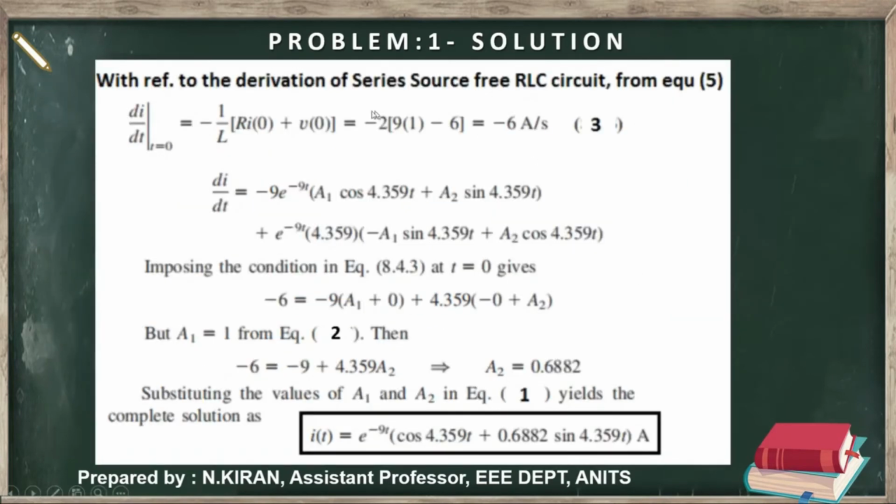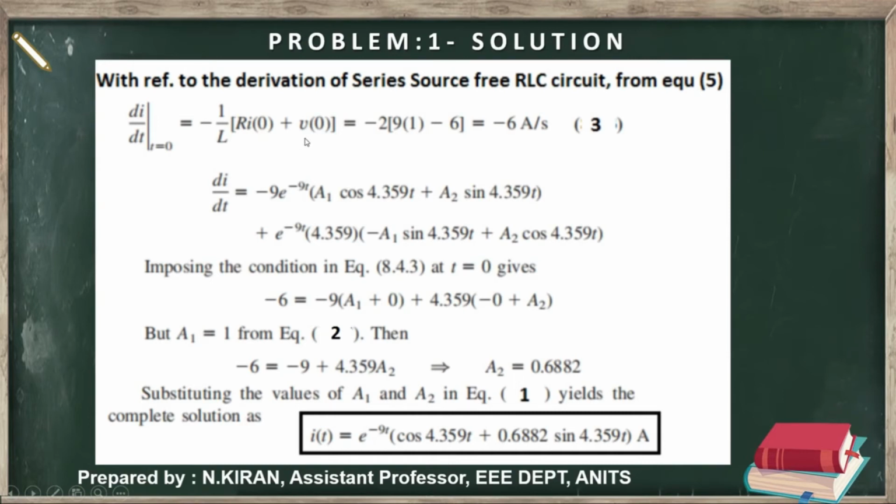With reference to the derivation of series source-free RLC circuits, from equation 5 we can write di by dt at t is equal to 0 to be minus 1 by L into R into I of 0 plus V of 0.